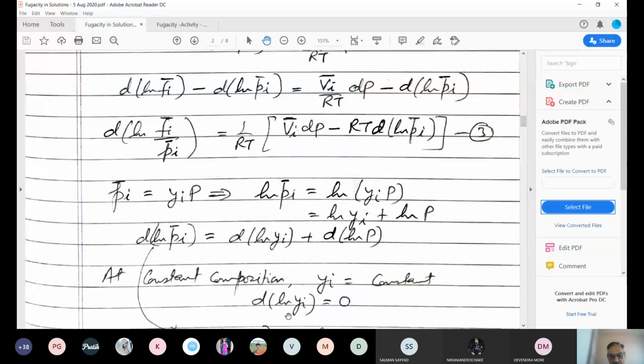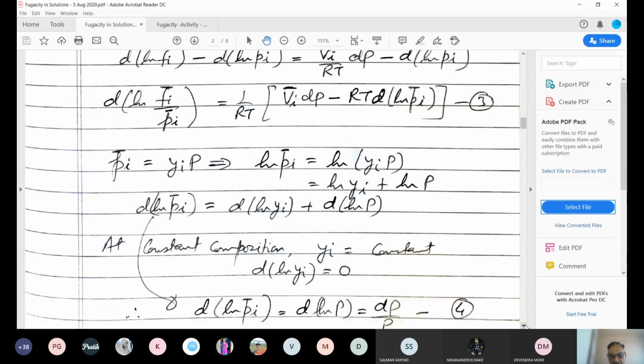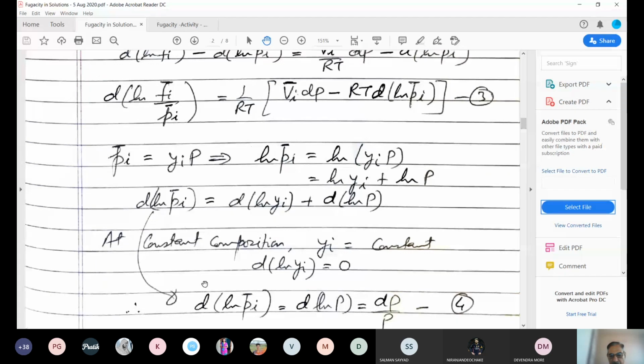So ln of Yi is a constant and its derivative is 0. This term becomes 0, and we get d ln Pi bar equal to d ln P, which is nothing but dP by P. Is this okay? Equation 4.